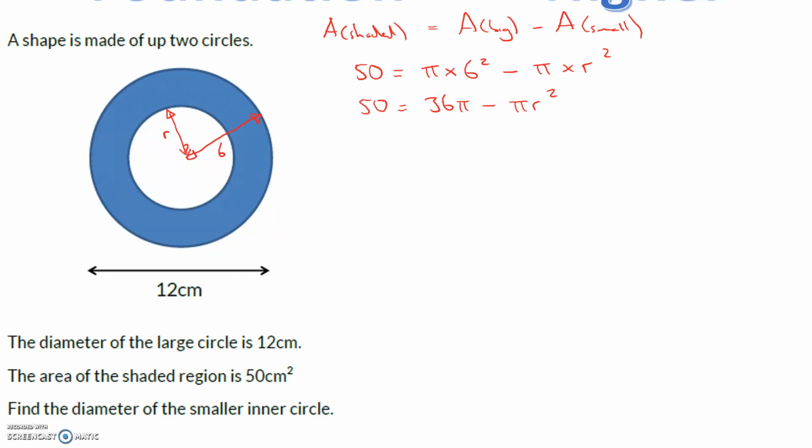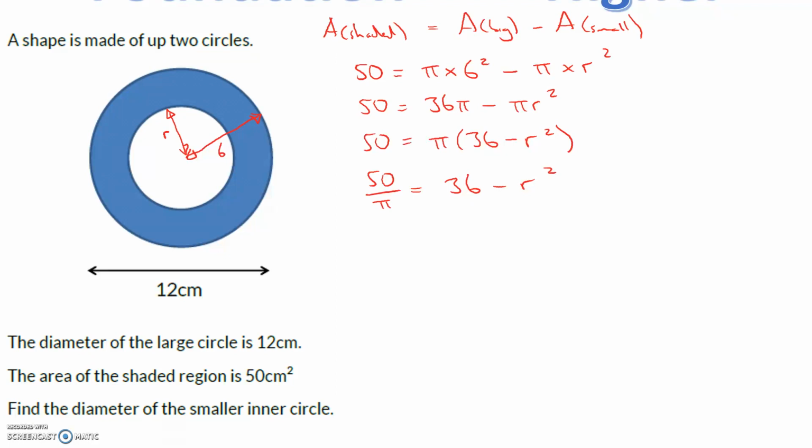Okay, so we could factorise that pi. 50 equals pi, 36 minus r squared. Okay, then we could do 50 divided by pi. So 50 over pi equals 36 minus r squared.